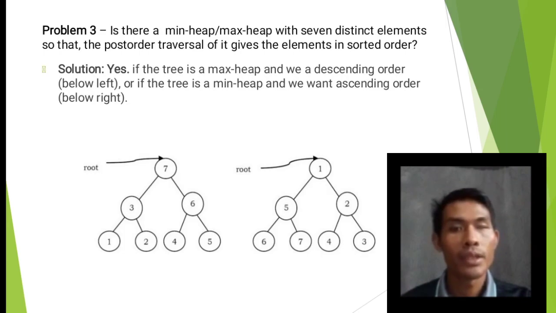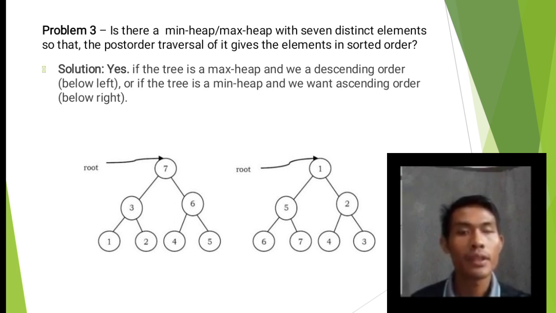In problem 3, is there a min heap or max heap with 7 distinct elements so that the post-order traversal of it gives the elements in sorted order? Solution: yes. If the tree is a max heap, we want descending order as below left, or if the tree is a min heap, we want the first diagram.